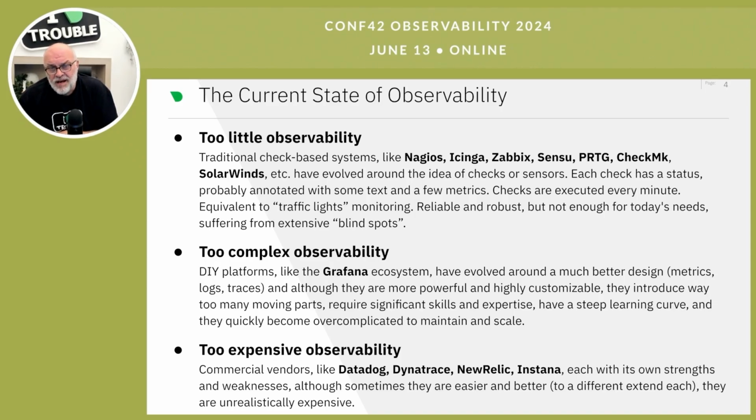And then, of course, there are the commercial solutions like Datadog, Dynatrace, etc., which are very nice integrated systems. However, they are very expensive. And to my understanding, they cannot do otherwise. It's expensive what they do.